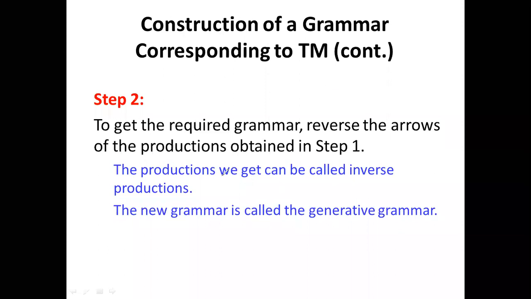The first step is the transformational grammar, and after that we have to use the inverse production rules to get the type 0 grammar, and the new grammar is called the generative grammar. Okay, so those steps are used to construct the grammar corresponding to the Turing machines.